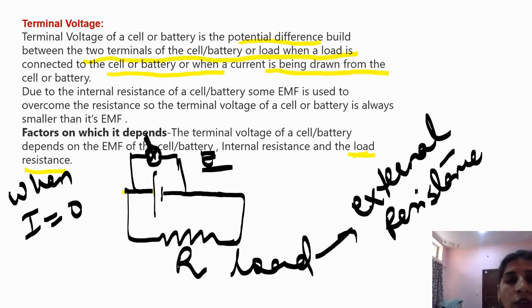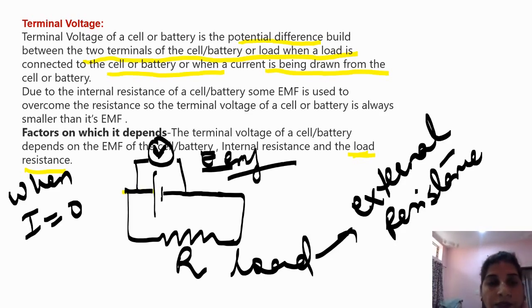Right now, the voltage which comes across your cell is called EMF. Here, if I connect one voltmeter, whatever the voltmeter reads is called EMF when I is 0. Okay.